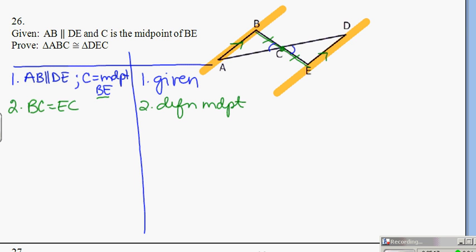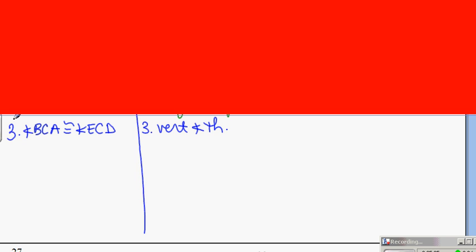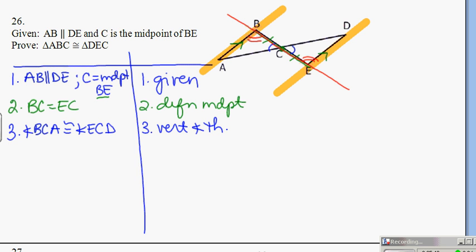This is my butterfly picture, so I know I have vertical angles, so I'm going to write those down. So I have angle BCA is congruent to angle ECD by the vertical angle theorem. Now I'm going to use those parallel lines, and I'm going to use BC as my transversal, and what I have then are alternate interior angles.